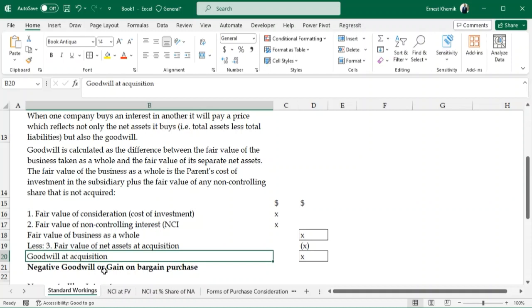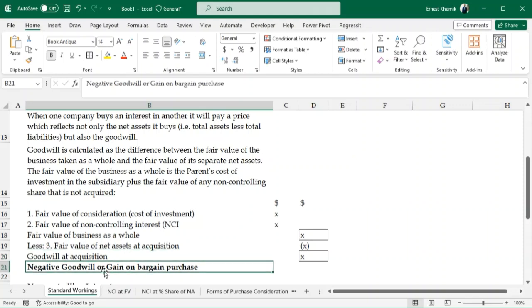So when I say the goodwill is going to replace the cost of investment within the non-current asset portion of the separate financial statement of the parent, then you will immediately understand what I am talking about. So what I'm saying is that the positive goodwill forms part of your non-current assets in the consolidated financial statements, whilst negative goodwill is taken directly into the statement of profit or loss. All right, I want you to understand this. We'll get into the calculations and then you understand it better.